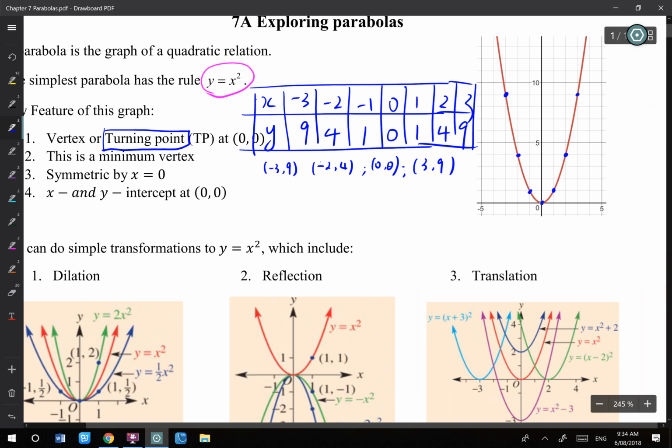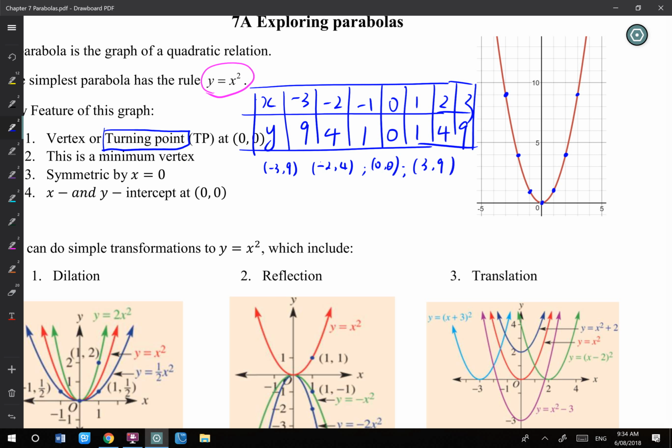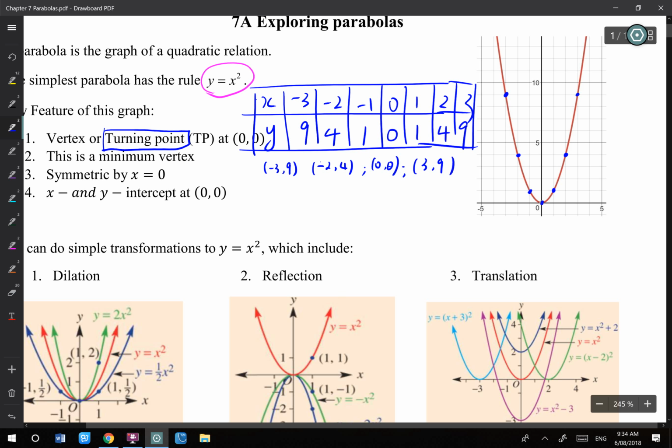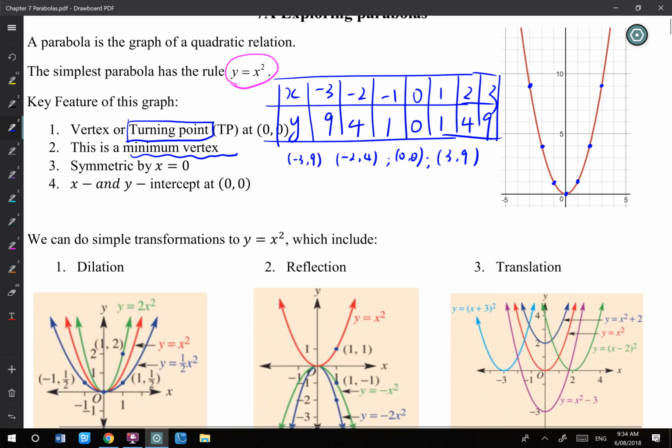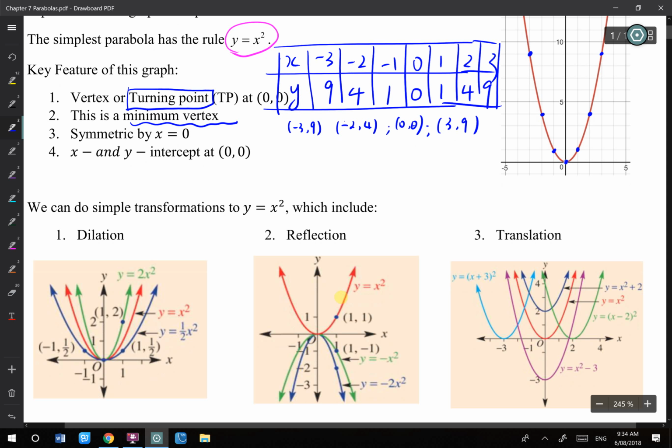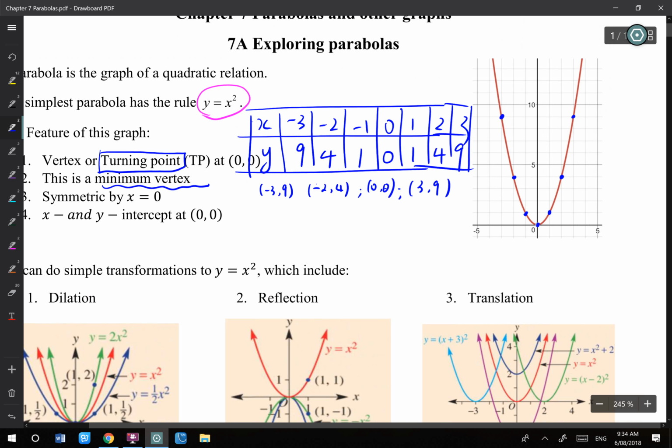Also, when we look at this graph, we have a minimum value, which is the turning point. Therefore, we call this turning point a minimum vertex. So the turning point is also called the vertex. This is the minimum value of the vertex. And this graph is a symmetrical graph.